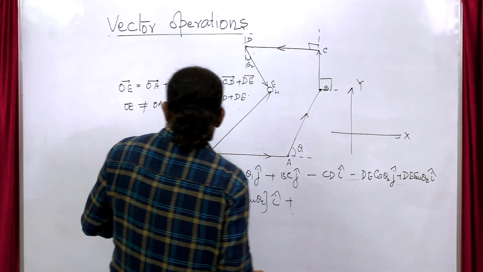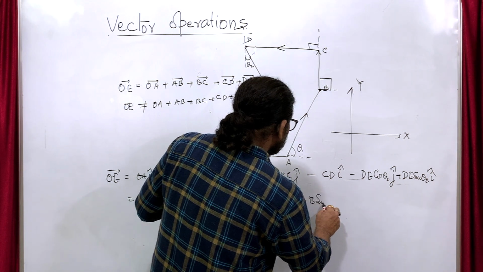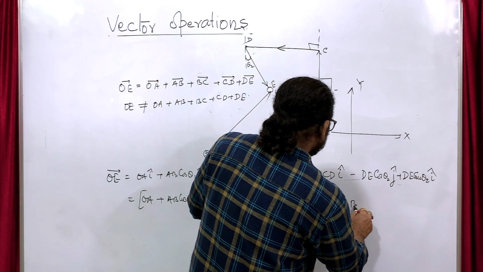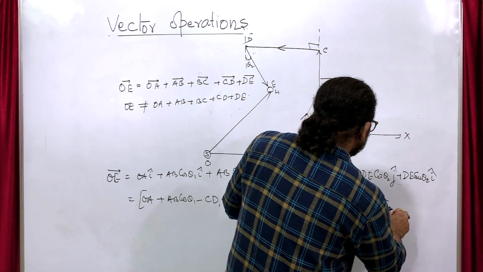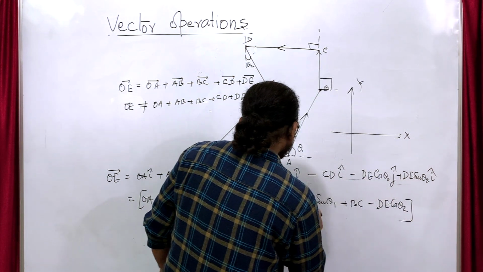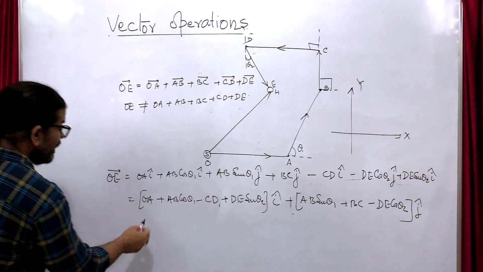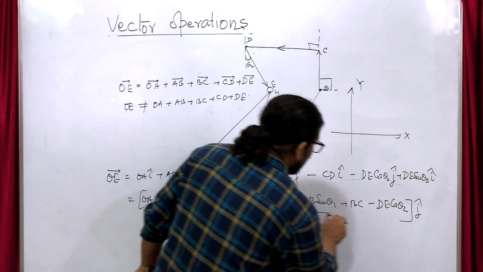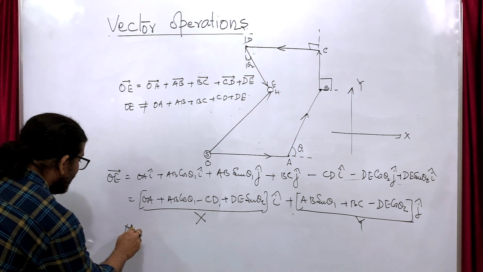And again you write this as AB sin theta 1 plus BC minus DE cos theta 2. Yes, this is the j component. And so you have expressed this: this is the X component, and this is the Y component.